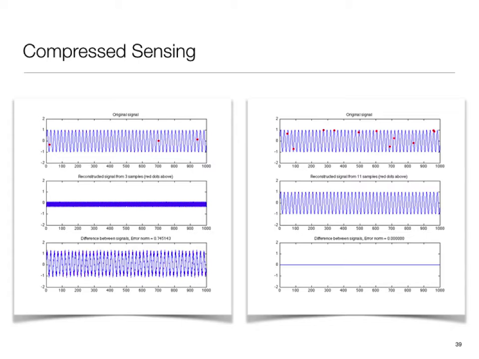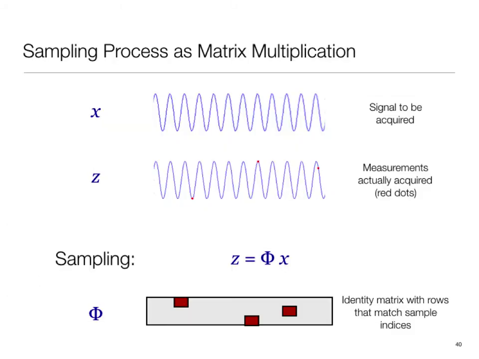Okay. Now, can I generalize this? In general, I would have some signal x, and I want to sample it at certain points. That's the red dots.